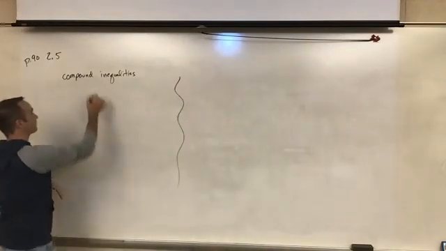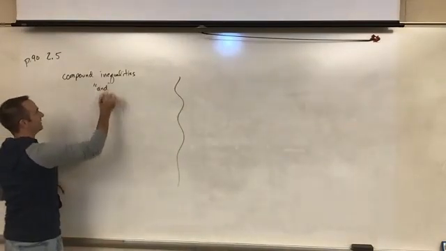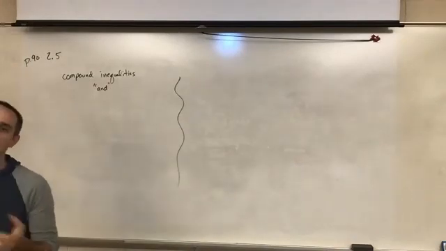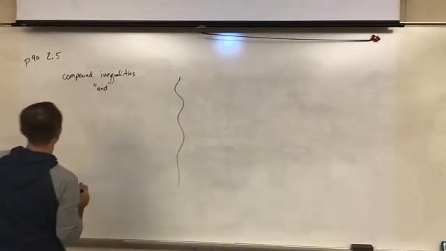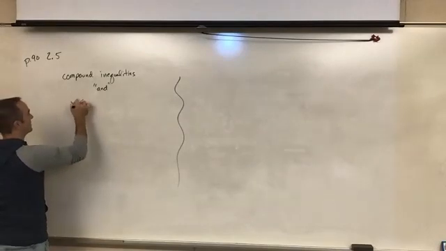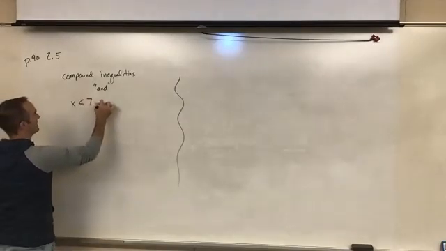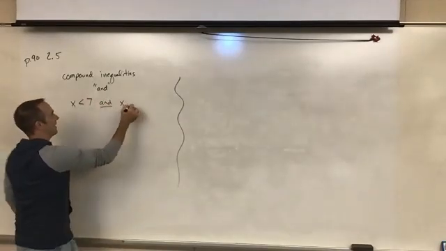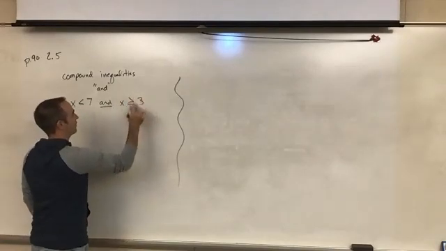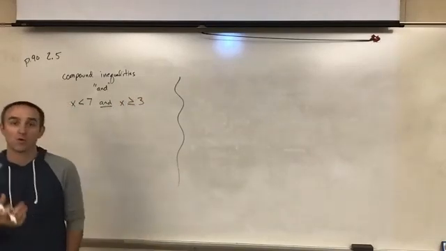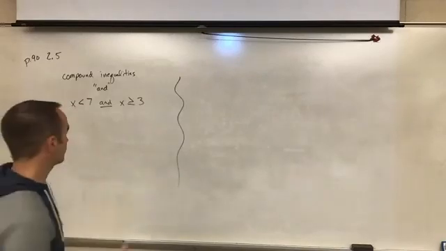The first one is what we call our AND inequalities. So this would look like this. X is less than 7 and X is greater than or equal to 3. So I'll have that word AND in the middle.